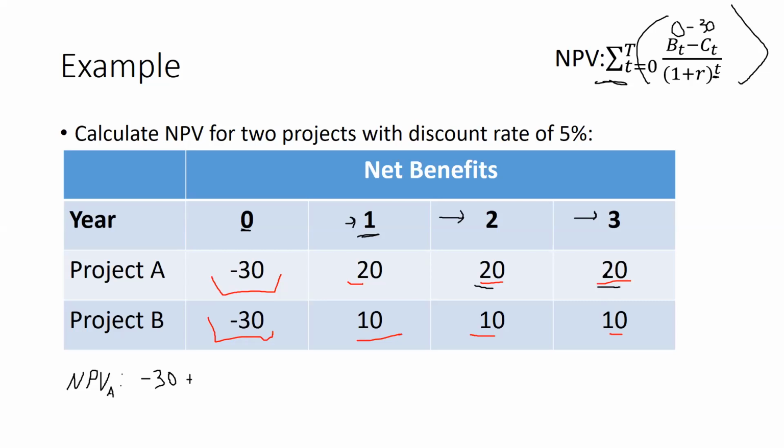And so $30 now is different than $20 or $30 or whatever a year from now, 2 years from now, 3 years from now. So the whole thing we're doing here is seeing whether it's worth it to get a future stream of $20 a year for 3 years, given that we have to pay $30 up front.